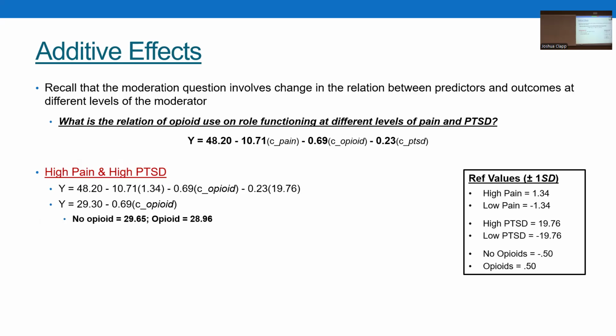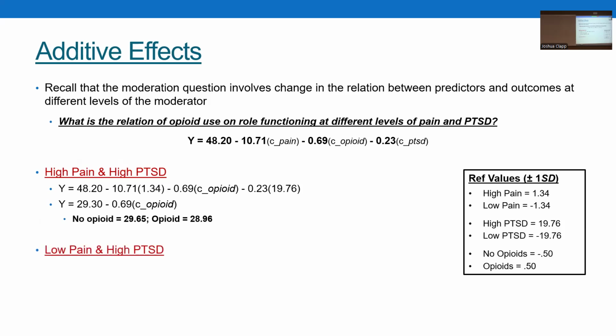So we're expecting close to three-quarters of a point difference in functioning across people who are using opiates or not, when we're holding at high levels of pain and high levels of PTSD. People see how we just plug this math in and got the values we're looking at.